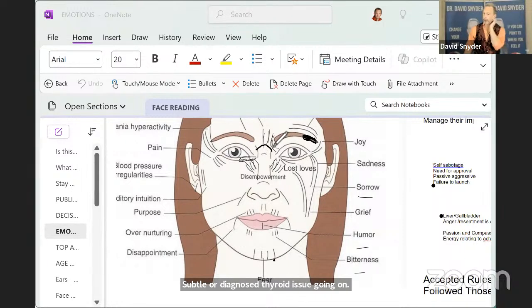So a shortened eyebrow or an eyebrow that fades off, combined with this, usually indicates a thyroid issue of some kind.